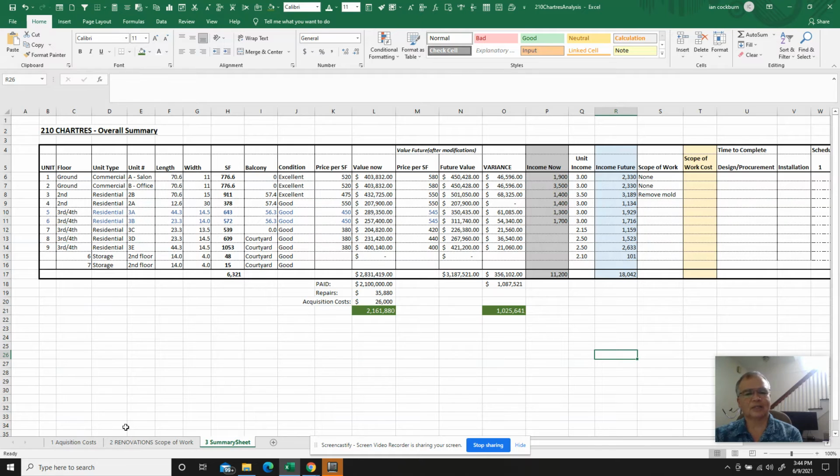So hopefully this helps in the process of seeing how you determine what is the value right now, right? And then what is the future value? And then also what is the income in terms of the rental rate, which we come down to dollars per square foot to make it easy to evaluate and compare with other properties that actually sold and actually rented within a specific time frame.